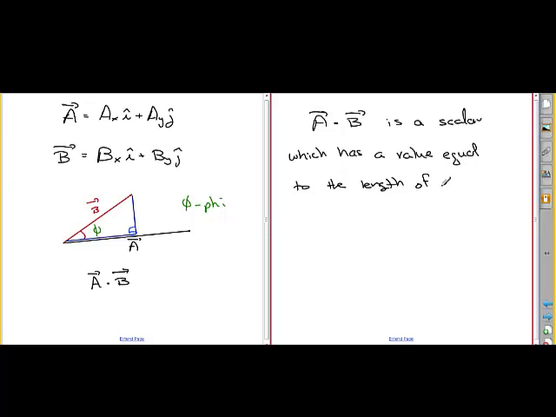So equal to the length of the component of vector B in the direction of vector A.